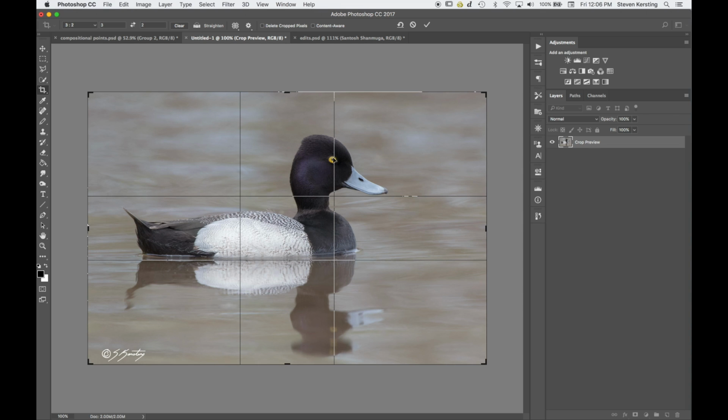Placing the eye on this right 1/3, again, I've got more weight on the left side for dynamic imbalance. I have more room in front of the duck than behind the duck, which gives it room to move into so it doesn't feel cramped. And it gives roughly equal spacing between the duck on two adjacent sides.